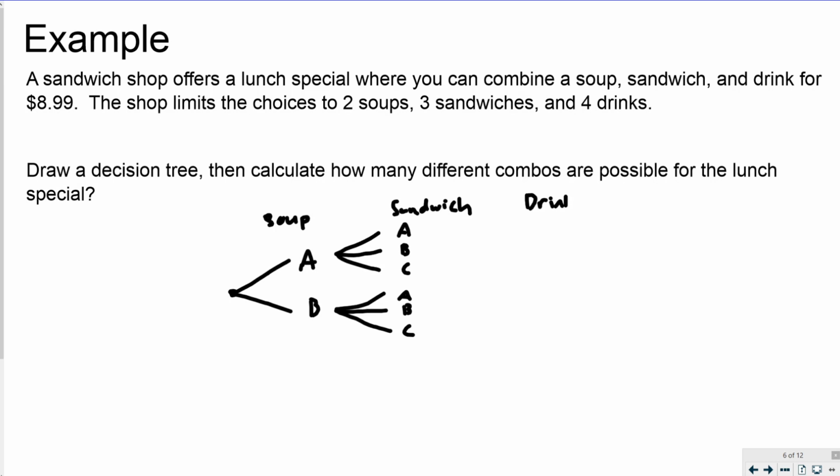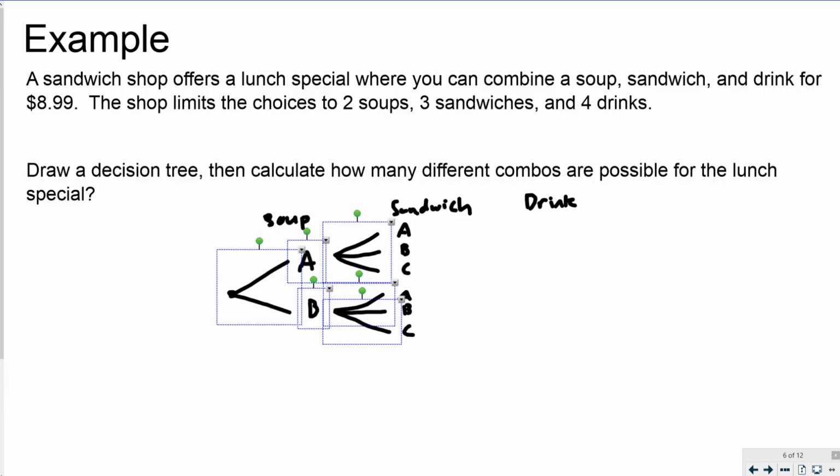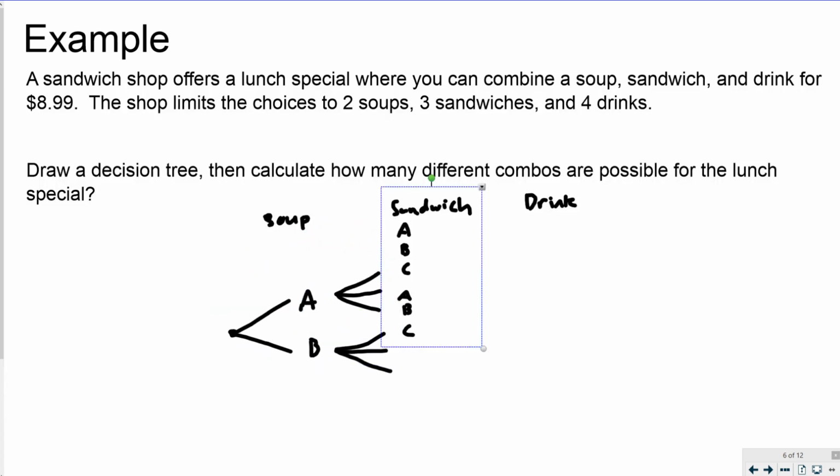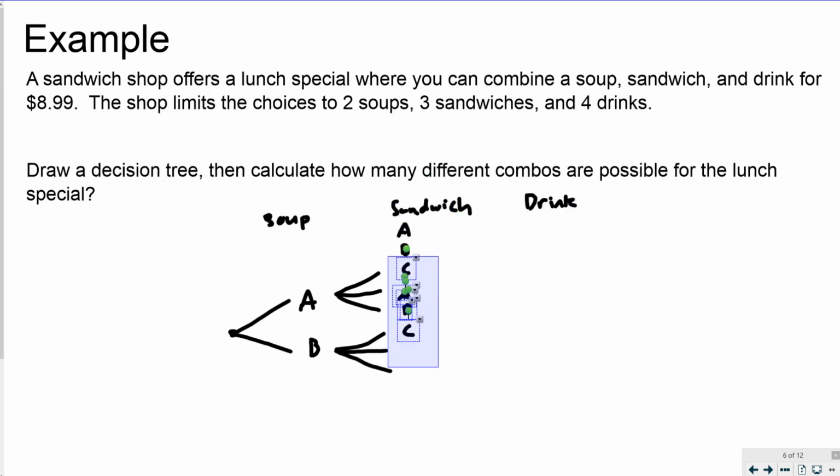I'm going to need a ton of different room. You can already see how big decision trees get. So I'm going to move that down and ungroup this to give myself a little more space.